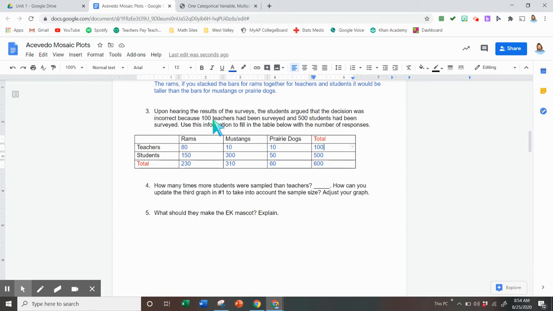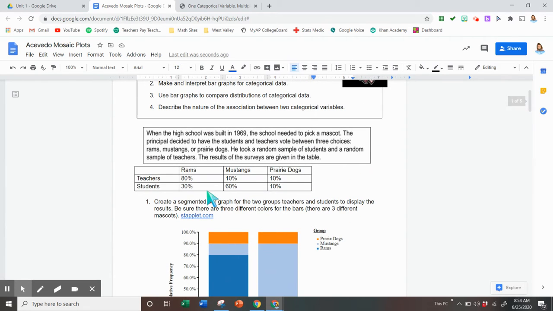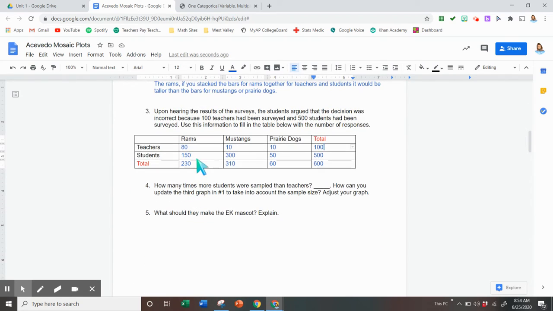We just took 80% of 100 and you get 80. The same with students. Since there's 500 students and 30% of them chose Rams, 30% of 500 is 150. And we did that for each category of the mascots.